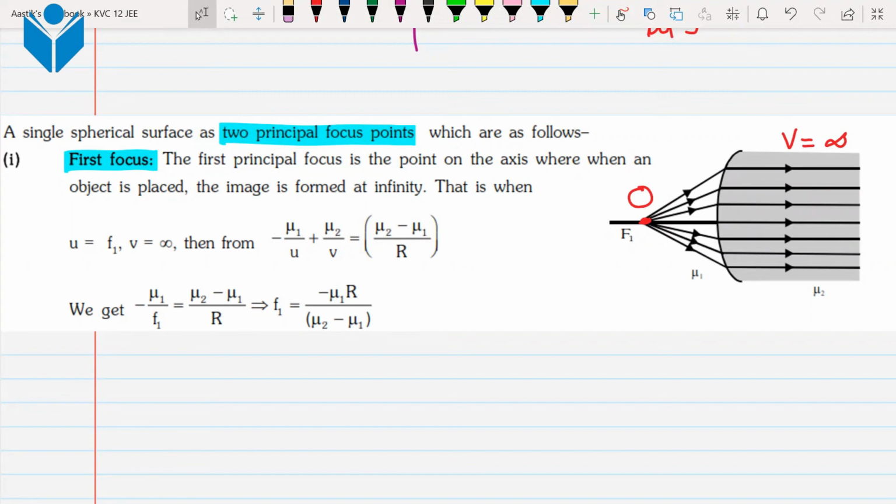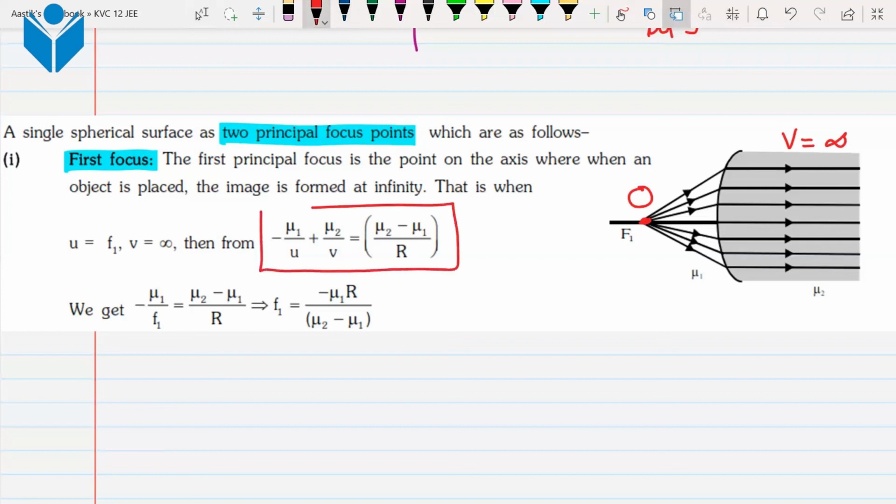Or we said in the reverse way that if a ray of light passes through the focus, it will become parallel after reflection. That was just one point here. In case of a spherical surface, we have two focus. The first focus is the point where you place the object, the image is formed at infinity. How do you find out the focal length? You can remember this formula.